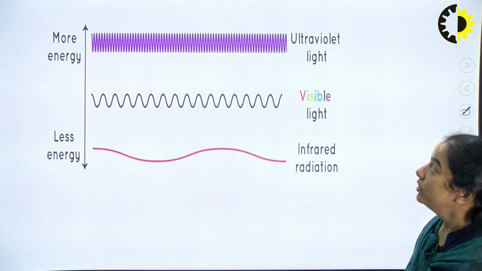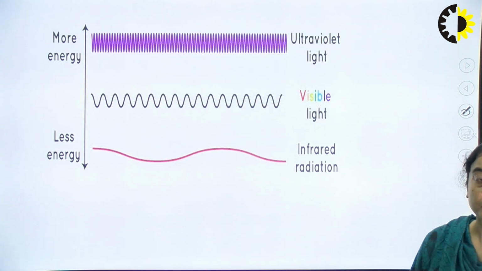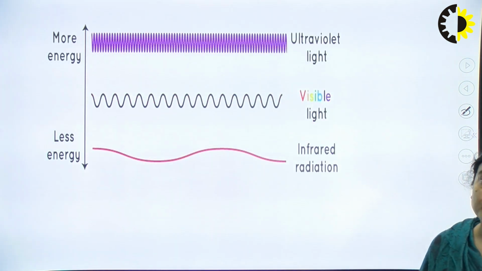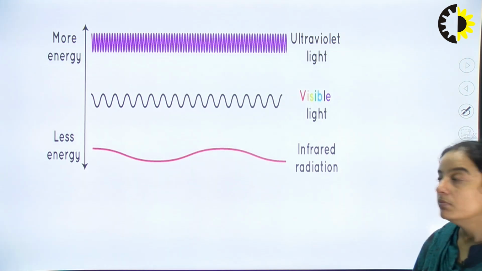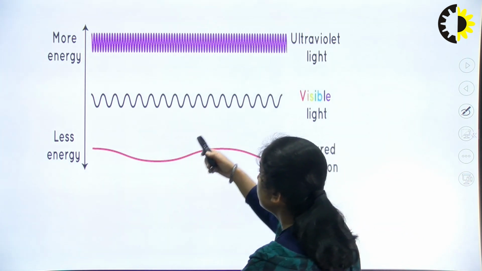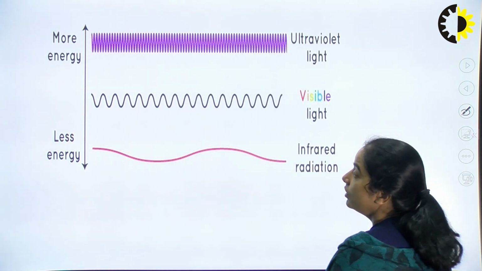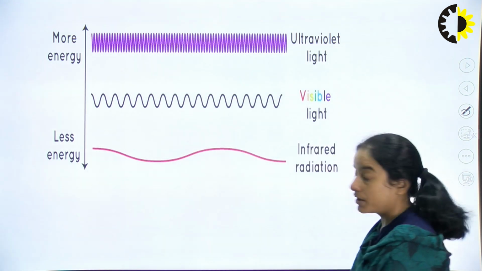Since the frequency of ultraviolet rays is very high, more energy is there with the ultraviolet light. A moderate kind of energy is there with the visible radiation, and very less energy is there with the infrared radiation.